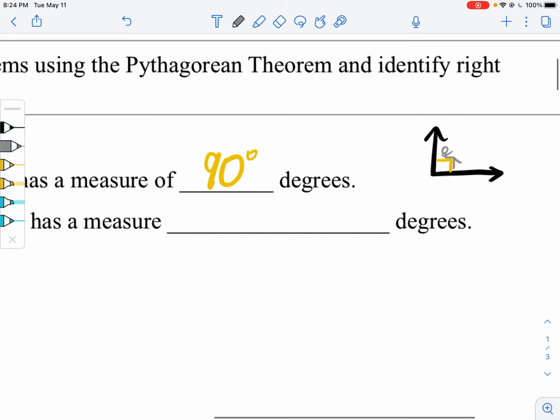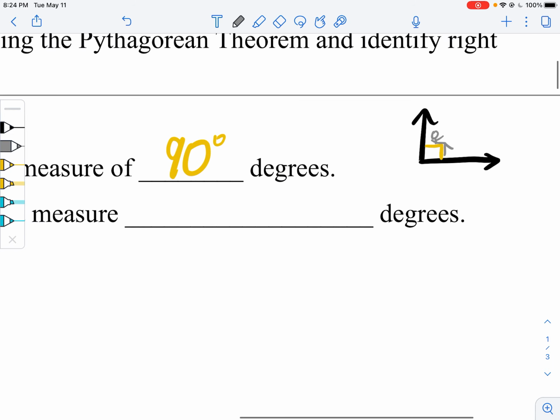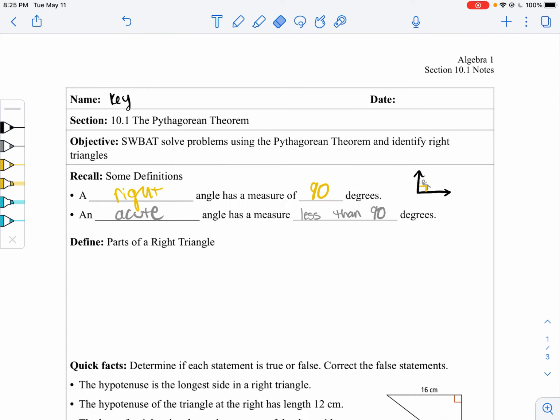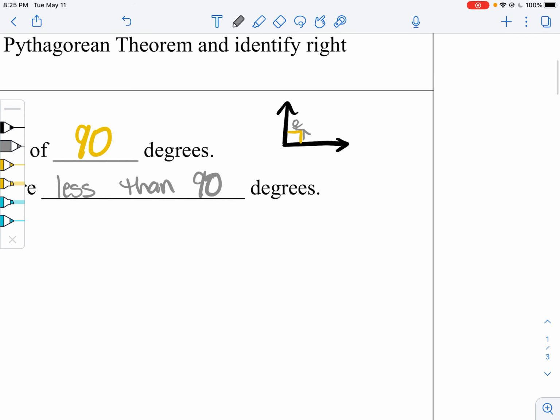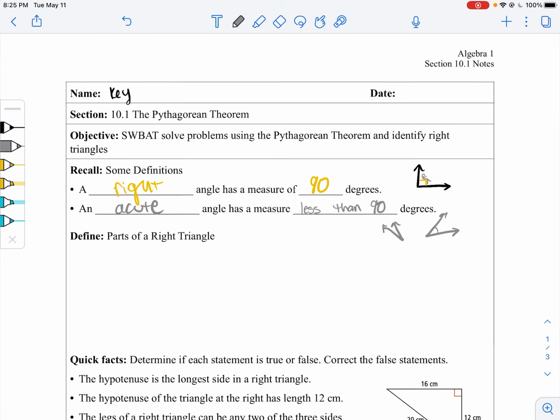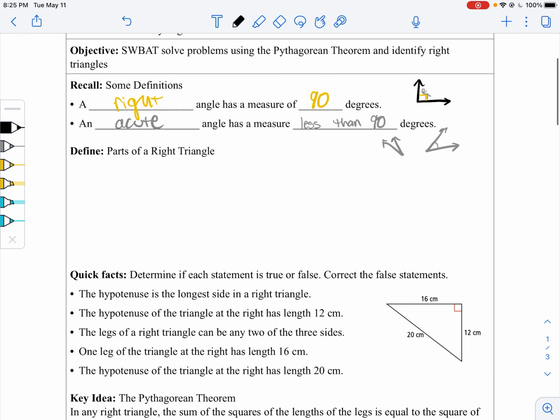An acute angle has a measure less than 90 degrees. Also up here I put degrees. So there you go. Less than 90 degrees. So acute angles are ones that you draw and they look like this and you go, oh, that's a cute angle. That said, draw your best right triangle in the space below.